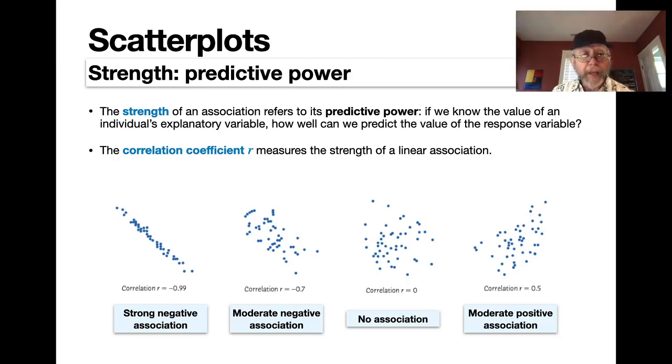And the third one from the left has a correlation coefficient of 0. And that is indicative of no linear relationship. And so correlation measures the strength of a relationship, and the sign of the correlation coefficient gives you the direction of the linear relationship.